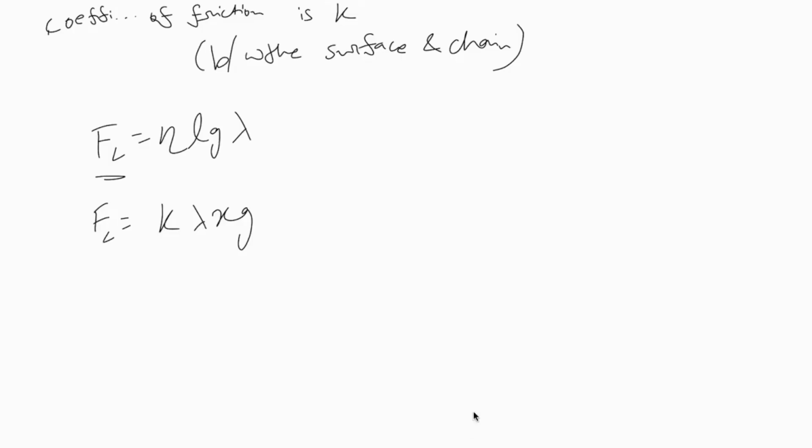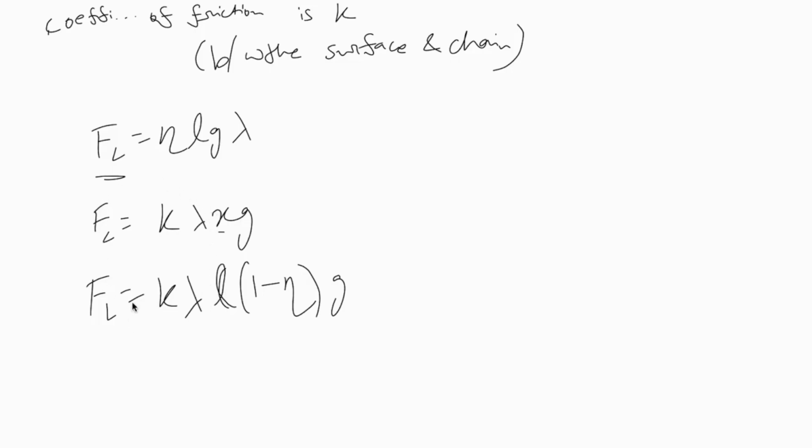So for all purposes I can say that FL is k times lambda times, this time instead of x we go for L into 1 minus eta. We found it initially, right? We found it by telling that L minus x equals eta L, and from there we computed for x, and this is what we get.